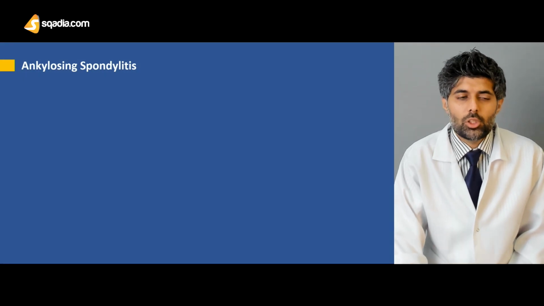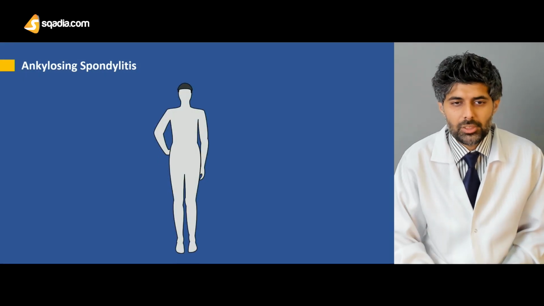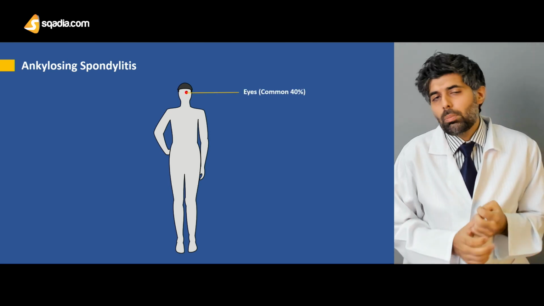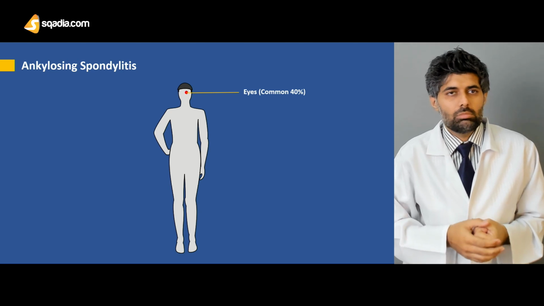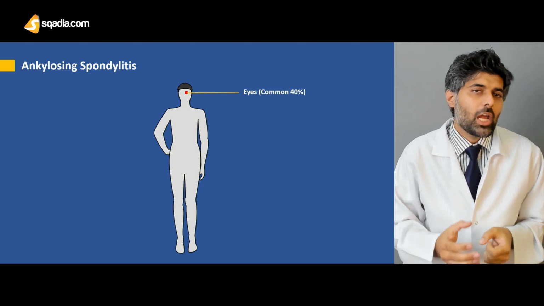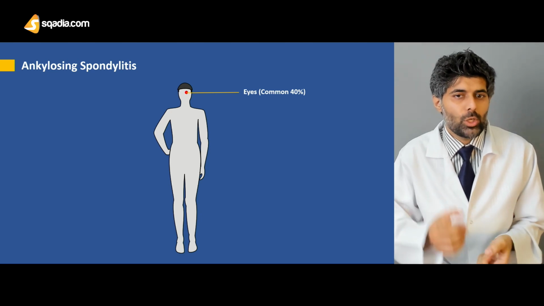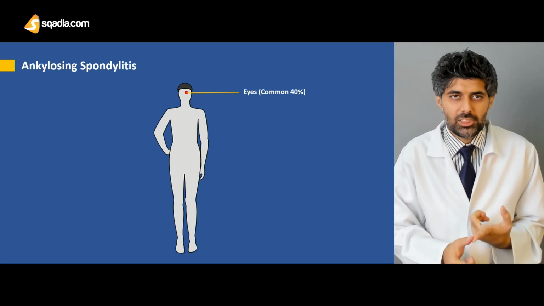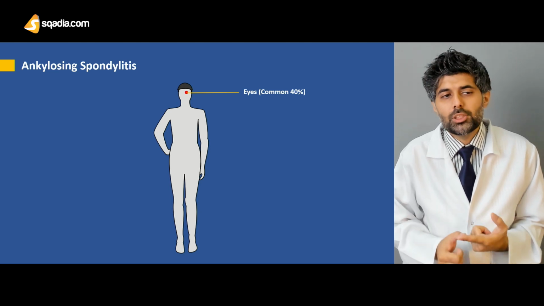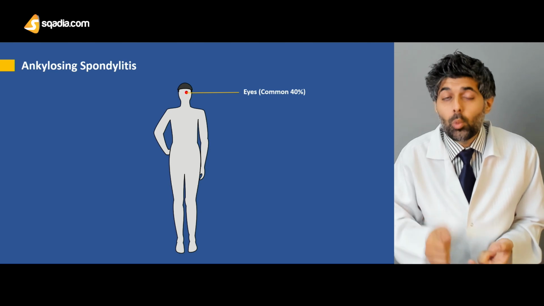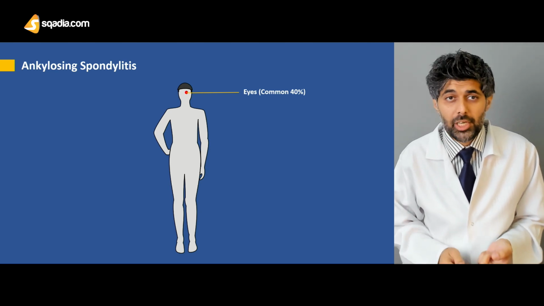Okay, now let's talk about ankylosing spondylitis. Whenever we talk about any disorder or any condition, we have to talk about its signs and symptoms. Now, we know that it affects the eyes. About 40% of all patients with this disorder will present with anterior uveitis.